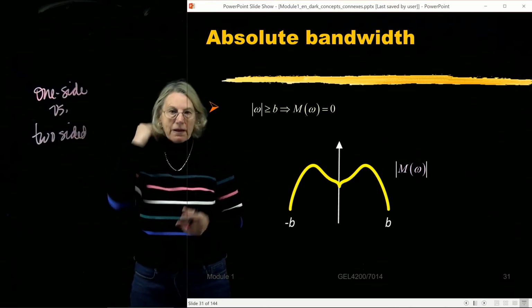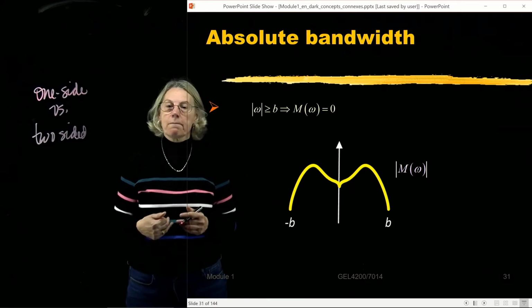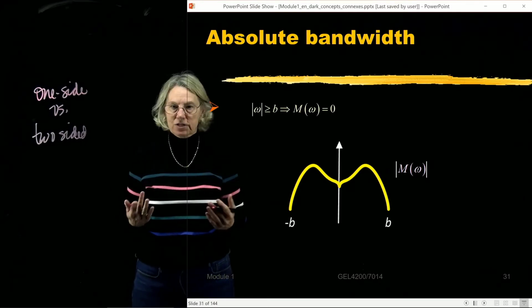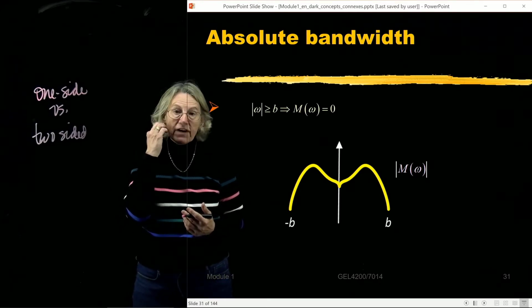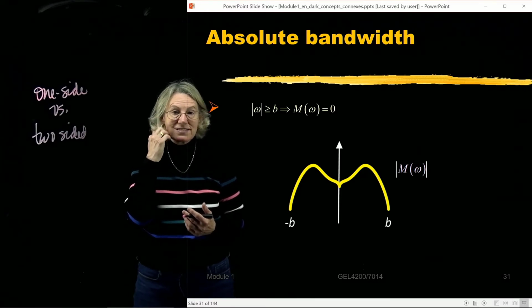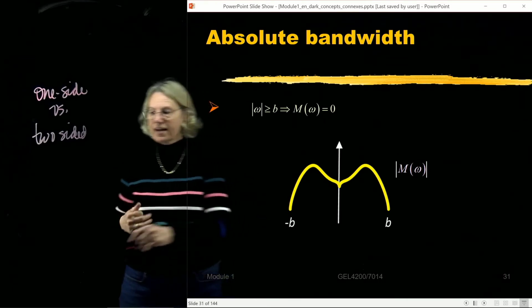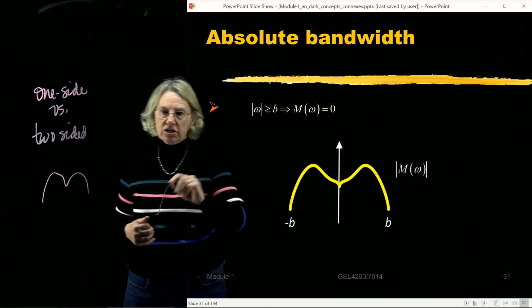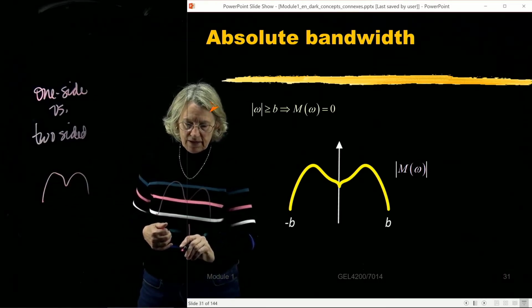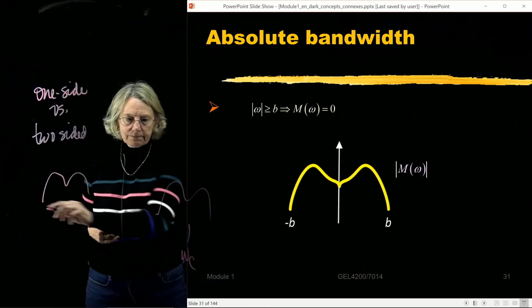However, we will talk later about systems which are modulated, which are put on carriers. If I use my Fourier analysis on a signal that looked like this, and then I modulated it onto a carrier, it would actually look like this, where this is the frequency of my carrier.